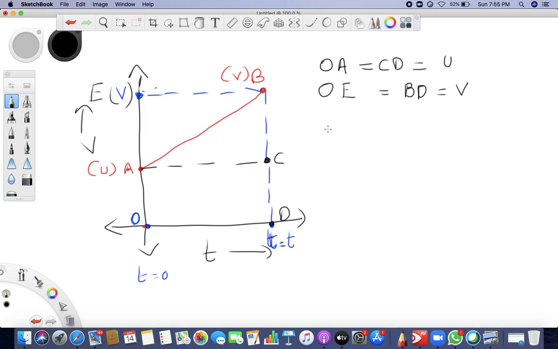In the same manner, if you talk about the horizontal line, O to D is the same as A to C, which is the same as B to E, and that is equal to your time t. I hope you are getting what I am trying to say.